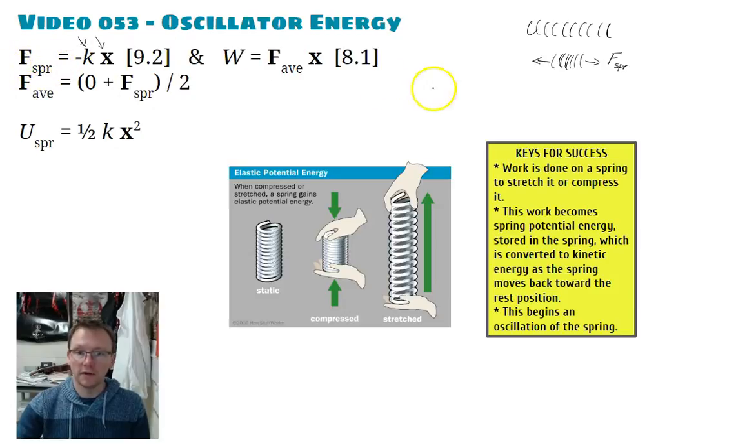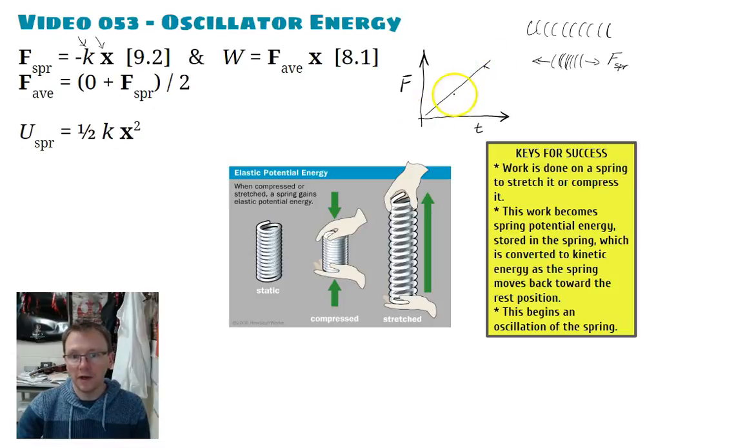And so if you wanted to do a force versus time graph for what it would take to compress the spring, it would look something like this. Originally you would not apply any force. But then over time, as you compressed it more and more, you would end up with a force more like that.